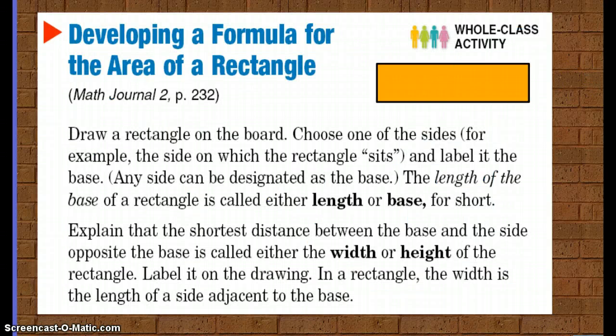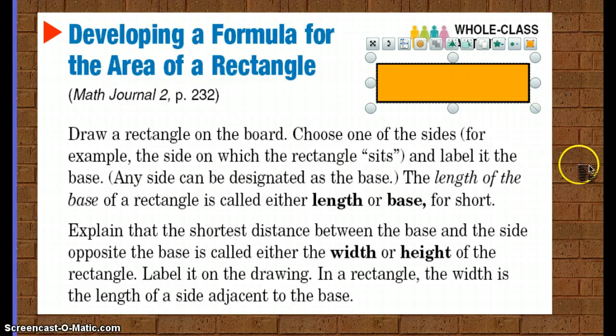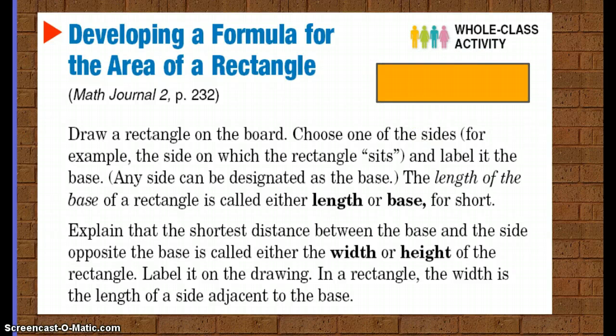So you can see the rectangle that is right up here on your piece of paper, and I want you to see that we need to label the base, and that's the length of the rectangle, called either the length or base for short. So if I was going to say I want you to look at the base of your rectangle, I'm going to be looking here at the bottom.